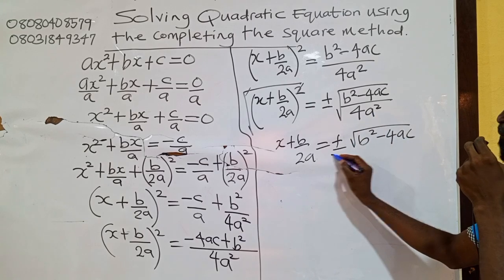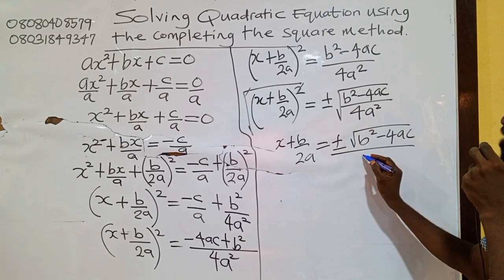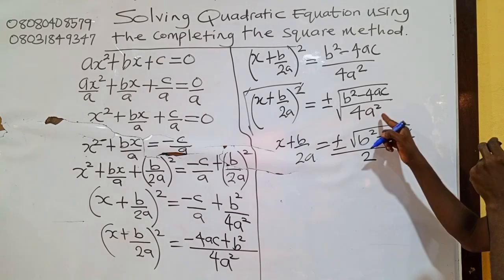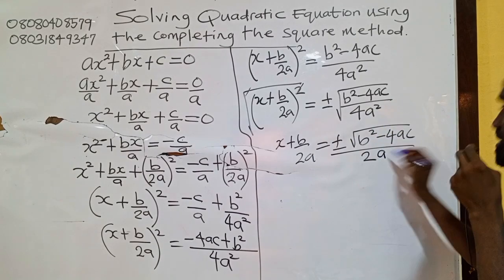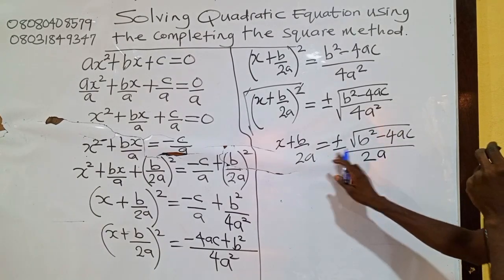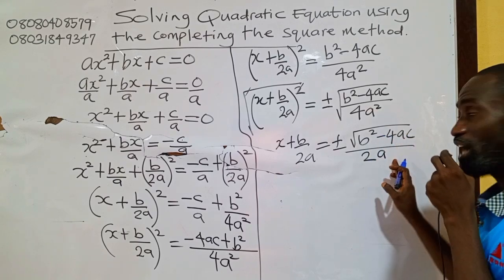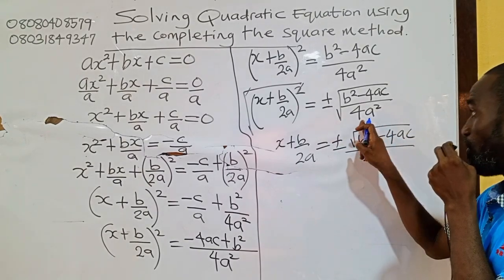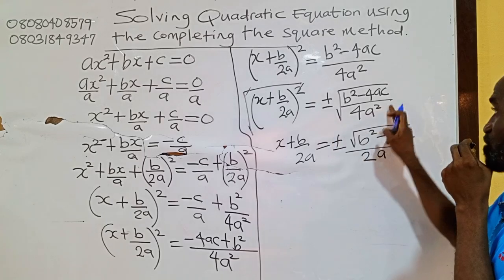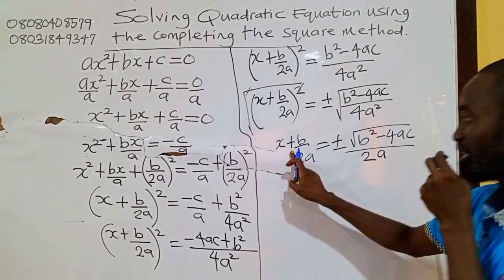But what's the root of 4? The root of 4 is 2. What's the root of a squared? It is a. So we are having plus or minus root of b squared minus 4ac all over 2a. Root of 4 is 2. Root of a squared is a. This one will now come here.